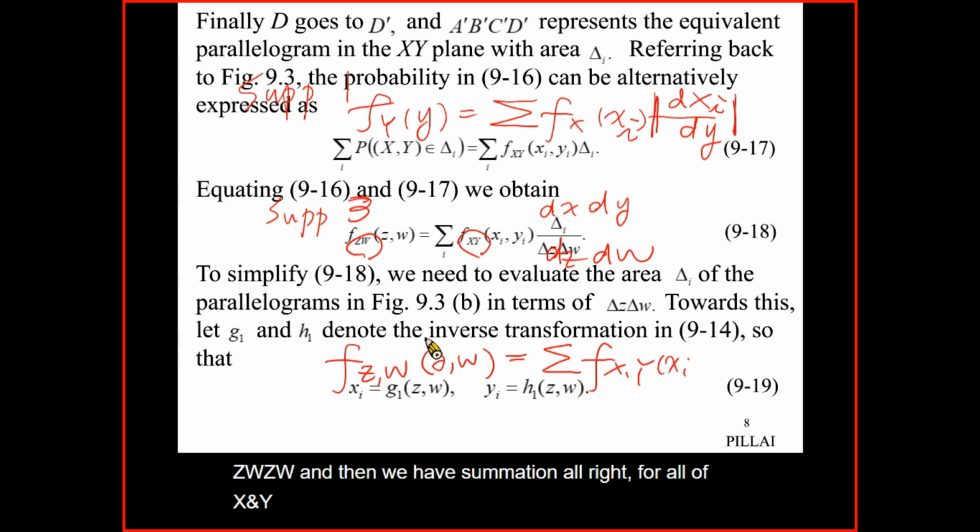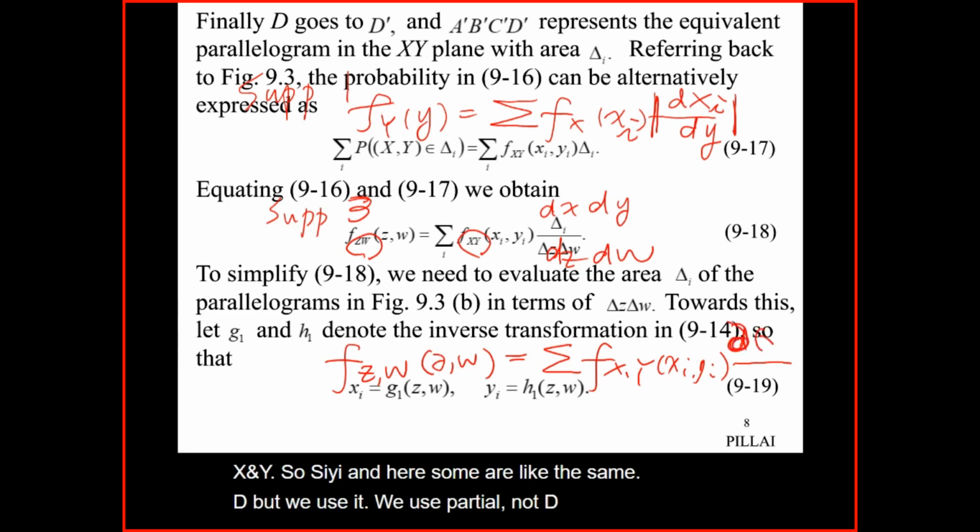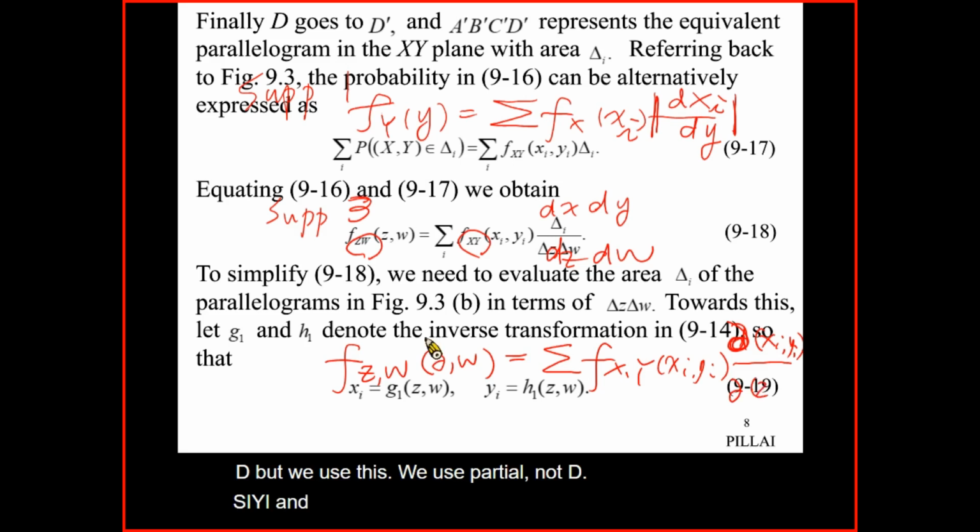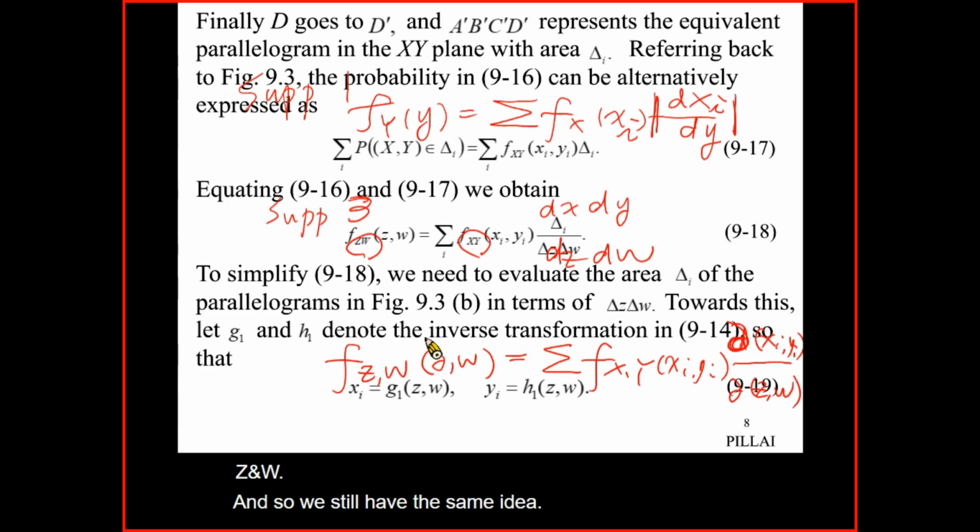So xi, yi, and here the summation is the same. D, but we use partial, not d. Xi, yi, and the partial z and w. And so we still have the same idea. Move this partial z and w to the left-hand side.